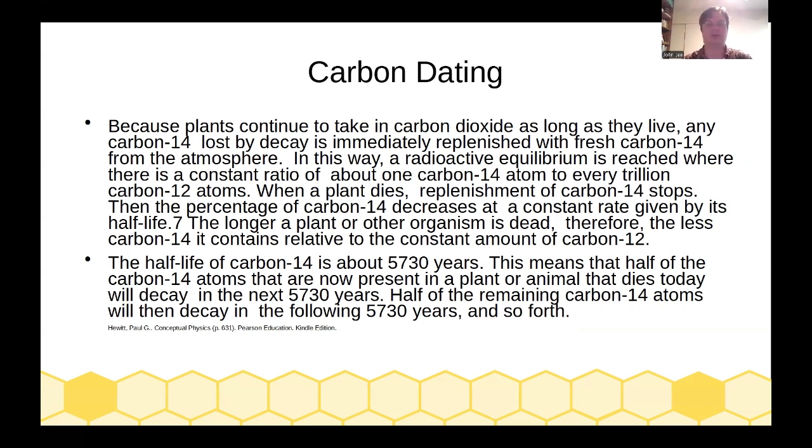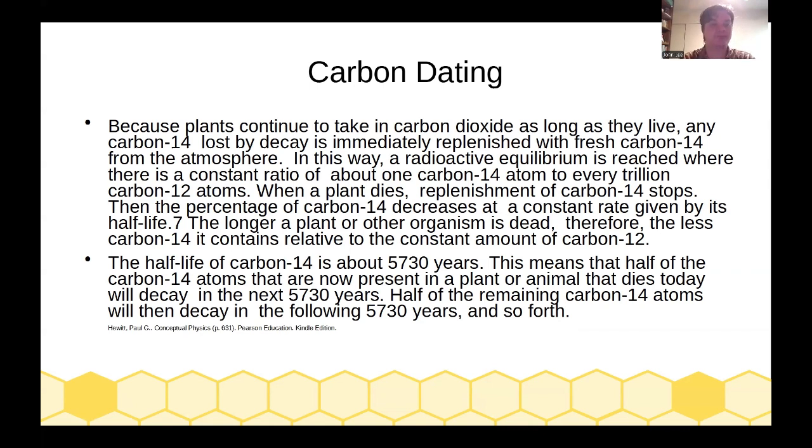In this way, a radioactive equilibrium is reached where there is a constant ratio of about one carbon-14 atom to every trillion carbon-12 atoms. When the plant dies, however, replenishment of carbon-14 stops. Then the percentage of carbon-14 decreases at a constant rate given by its half-life. The longer a plant or other organism is dead, therefore, the less carbon-14 it contains relative to the constant amount of carbon-12.